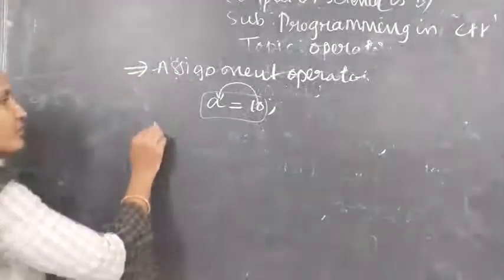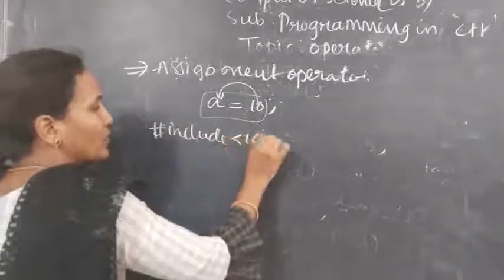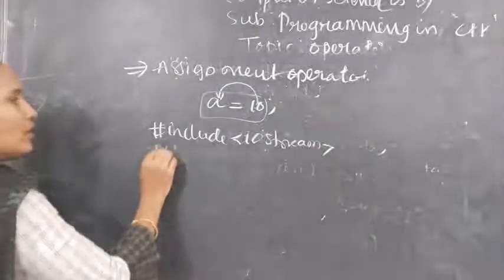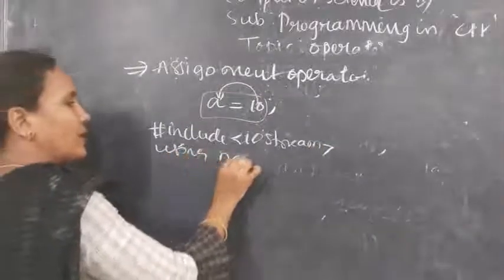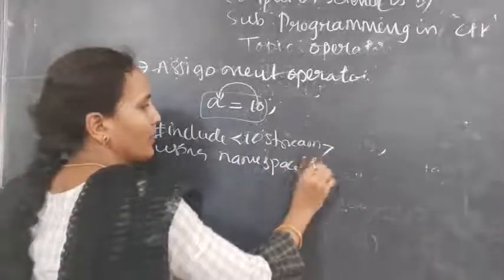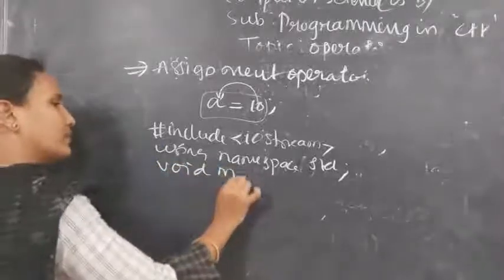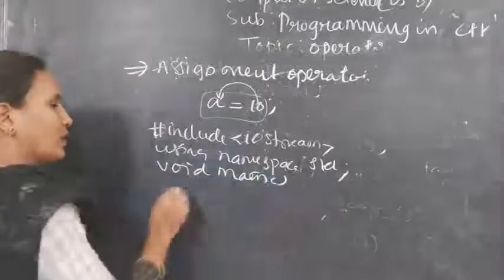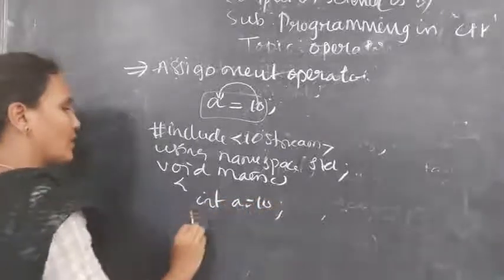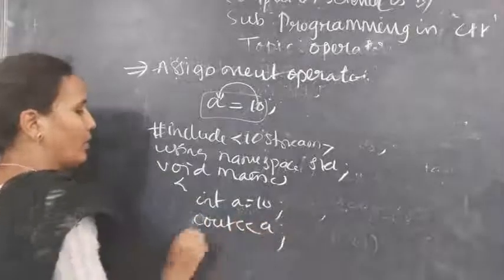Example here: hash include iostream, using namespace std, void main, int a equals to 10, cout a.